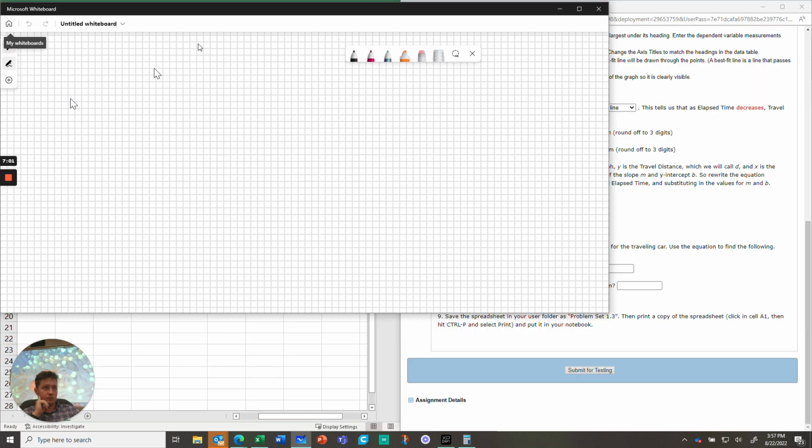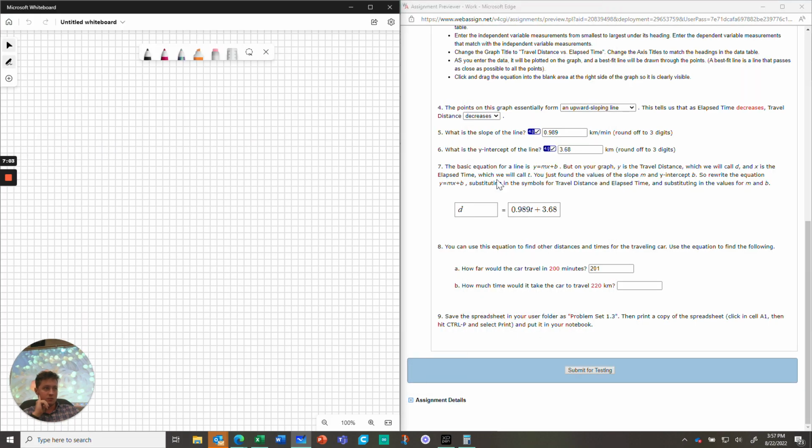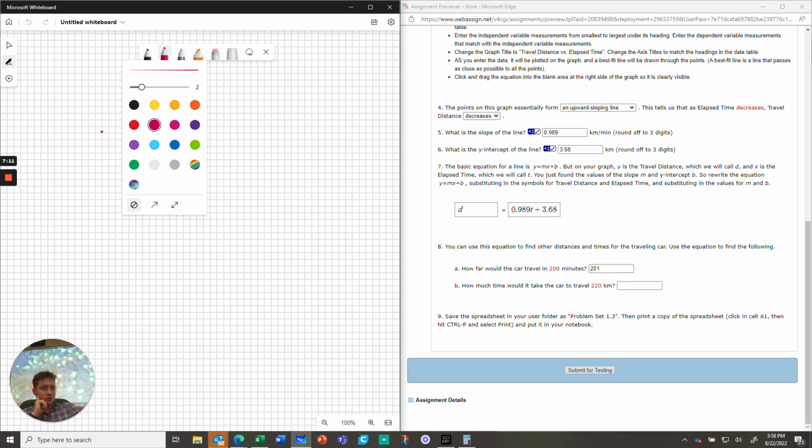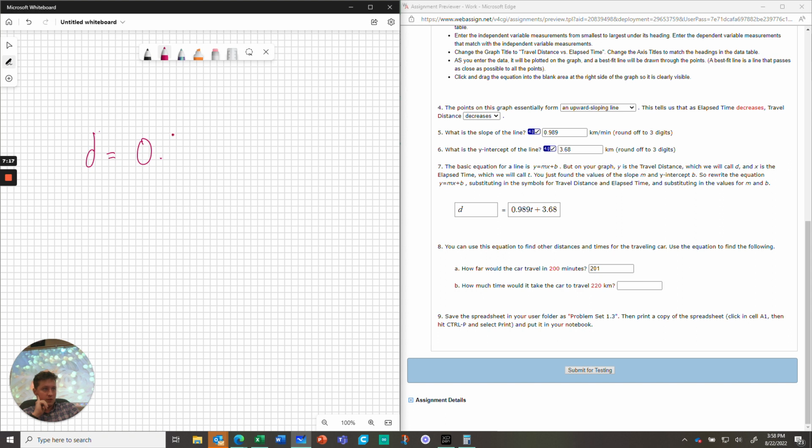Cool. Right. So we have equations. Our equation is d equals 0.989 t plus 3.68. We are given a distance of 220 kilometers.